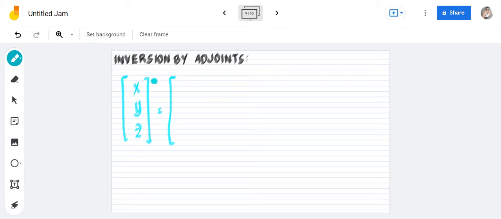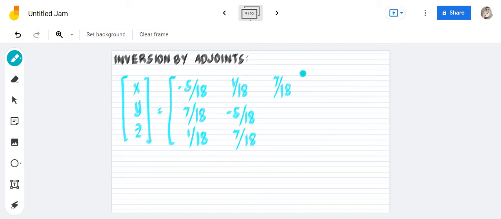So for that, we now have your unknowns X, Y, Z equal to our inverse: negative 5 over 18, 7 over 18, 1 over 18, 1 over 18, negative 5 over 18, 7 over 18, 7 over 18, 1 over 18, and negative 5 over 18. It's multiplied to our constants 4, 5, 6.